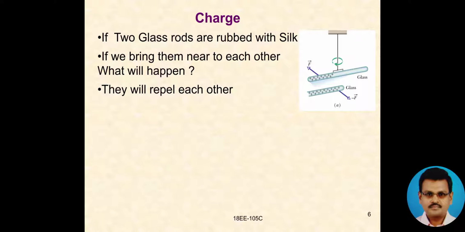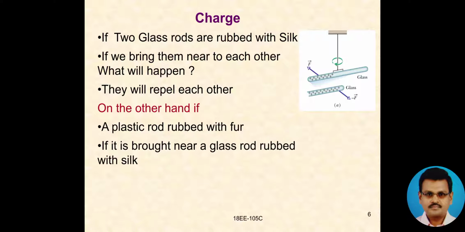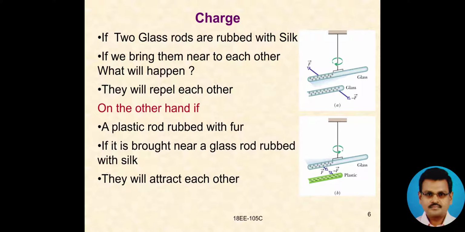If we take an example, as shown in figure A, if two glass rods are rubbed with silk, and if we bring them near to each other, what will happen? They will repel each other. On the other hand, a plastic rod rubbed with fur, if it is brought near a glass rod rubbed with silk, they will attract each other.